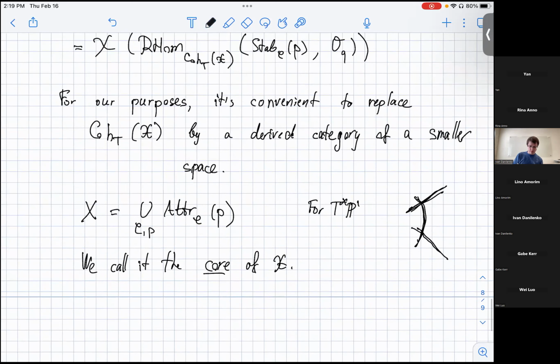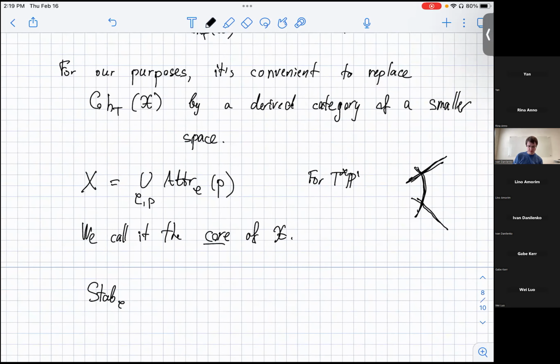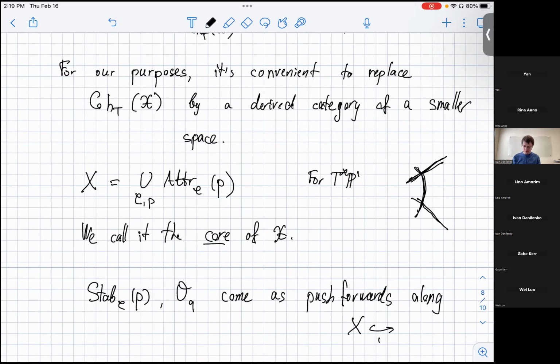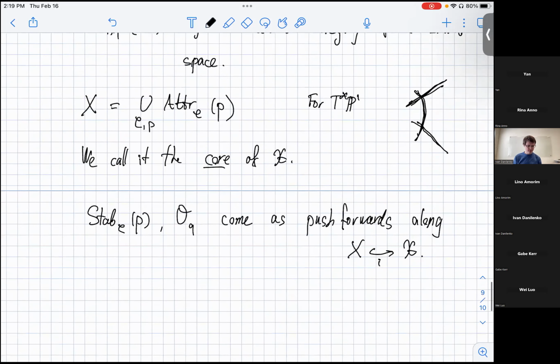The stable envelope by definition and the fixed points come as push forwards along the inclusion of my core into the space.